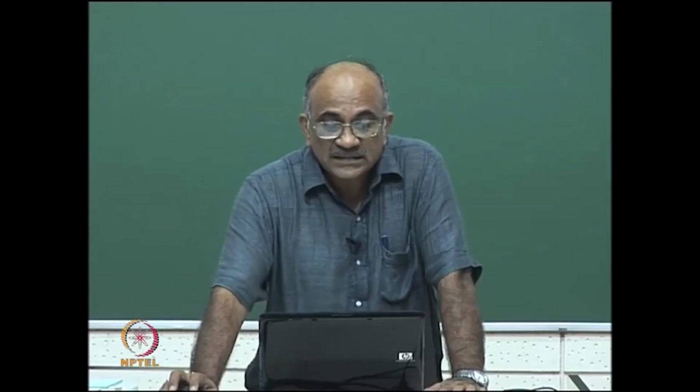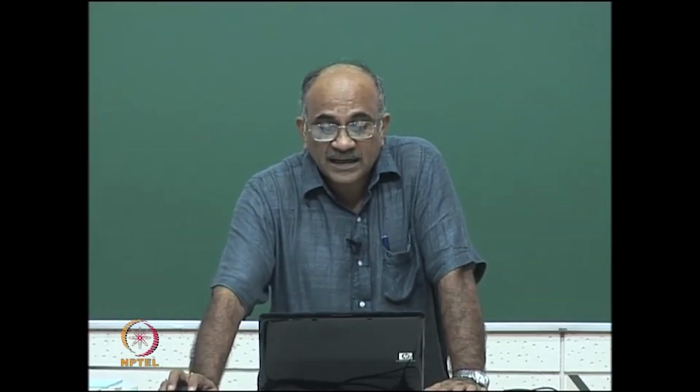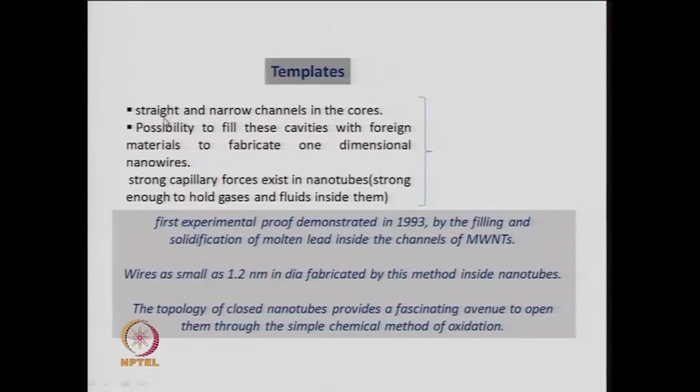So, carbon nanotubes can act as templates, because they are straight and they have narrow channels in the cores. It is possible to fill these pores or cavities, these elongated cavities, with foreign material, and then you remove the carbon nanotube somehow to fabricate one dimensional nanowires.